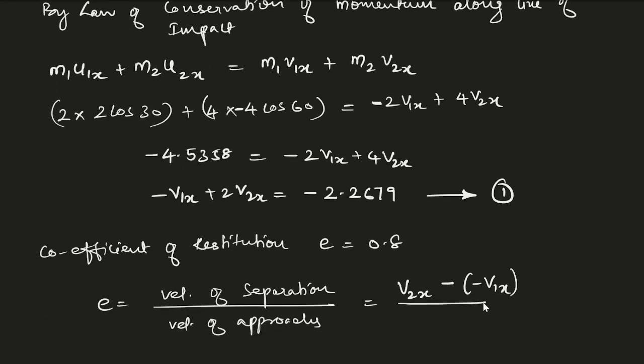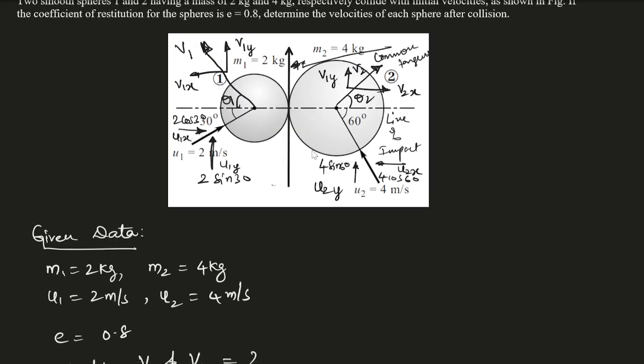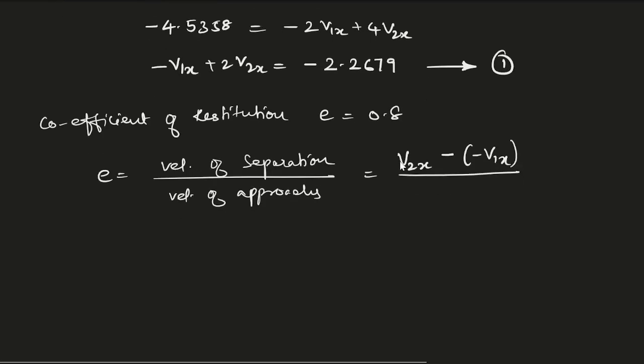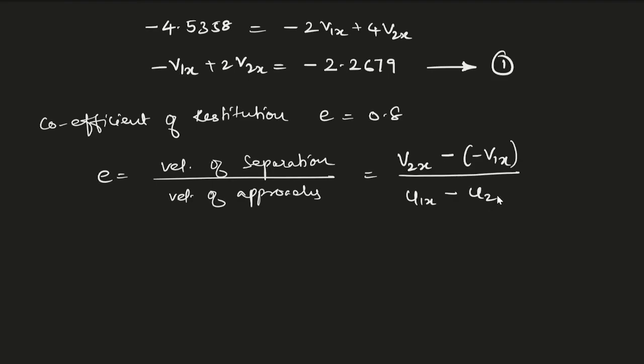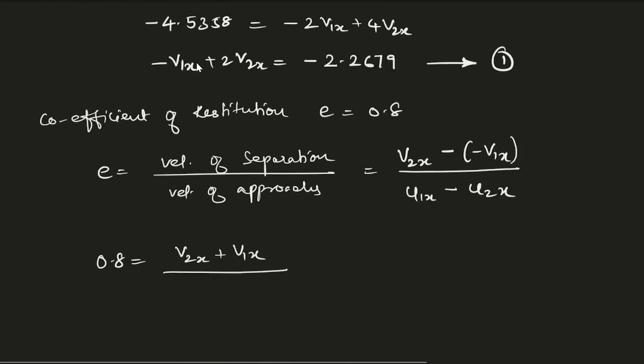That is the reason we are taking minus. So divide by velocity of approach. Approach is nothing but u1x minus u2x. So e is 0.8. So v2x plus v1x divided by u1x, which is 2 cos 30, moving from left to right, so positive, minus u2x.